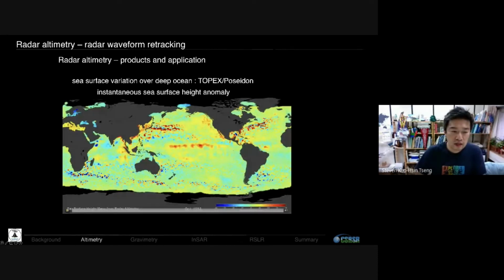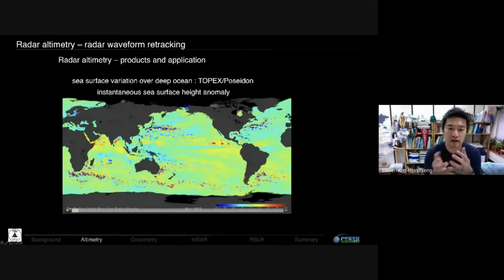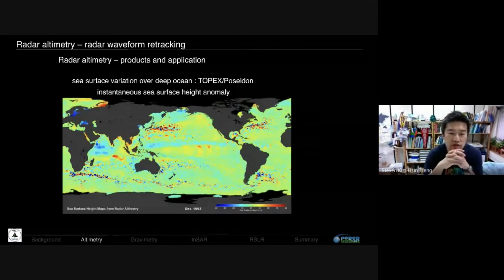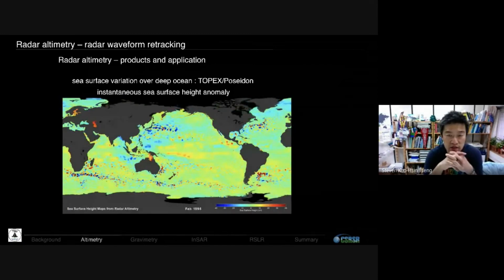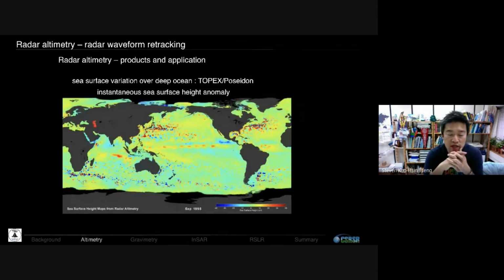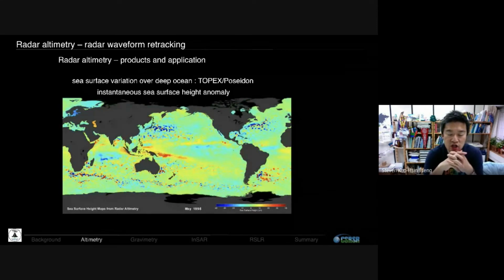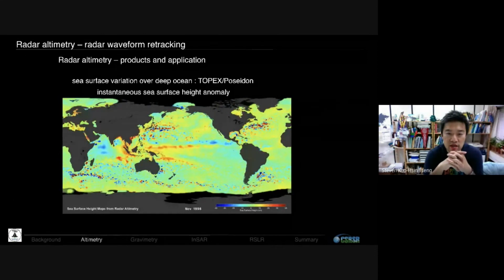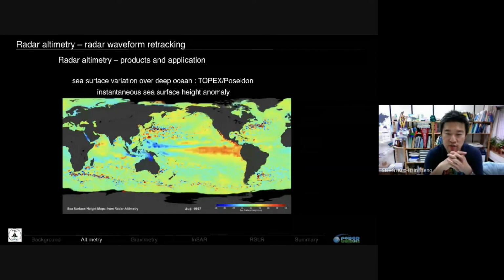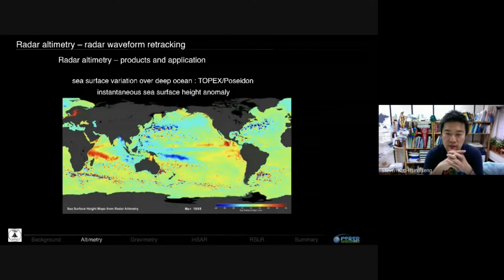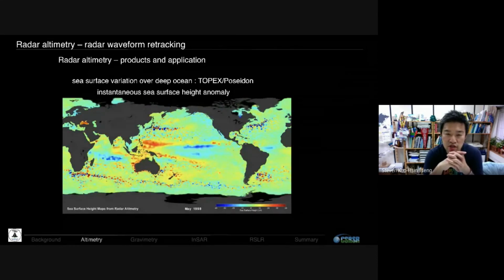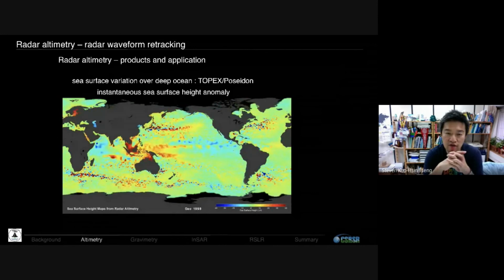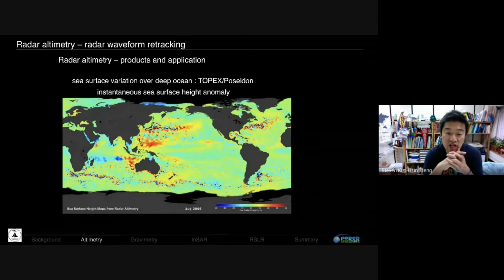So this is the first product; you have probably seen this animation before. It's from NASA. We can see some eddies and currents and different ocean patterns. For example, when you see this red spot in the east of the Pacific Ocean, that's the signal of El Nino.